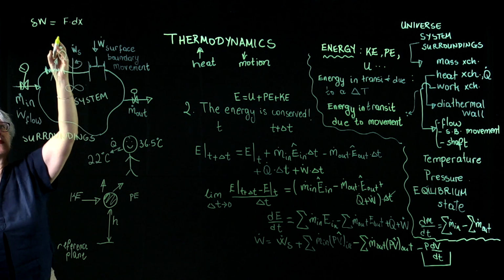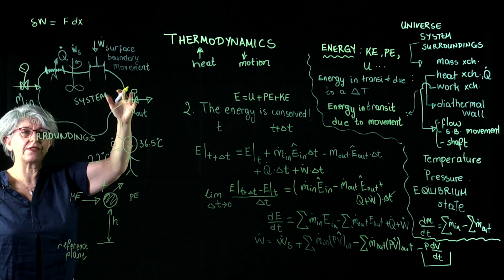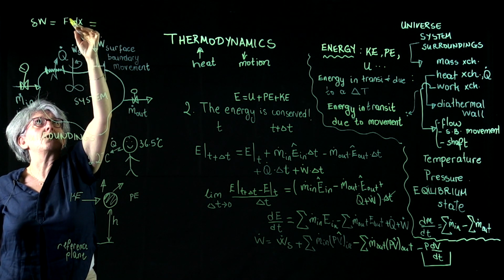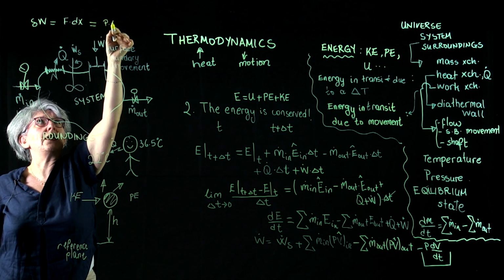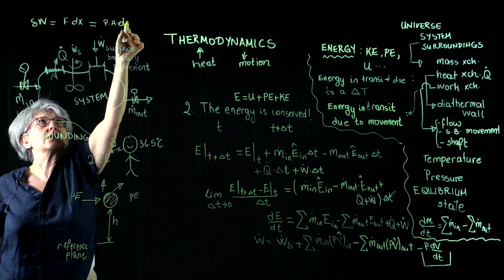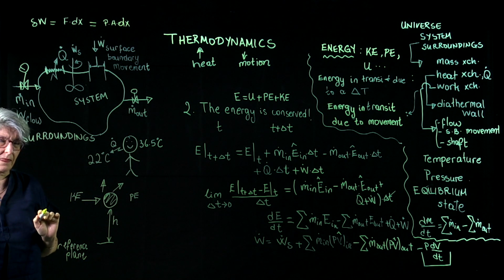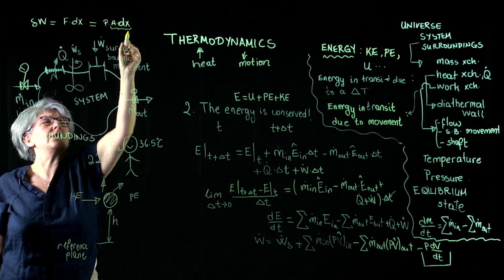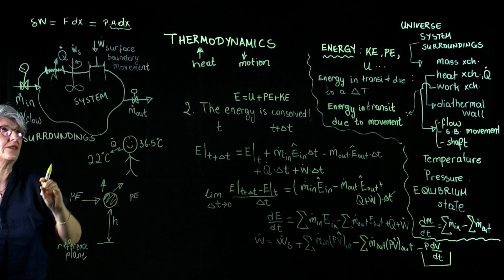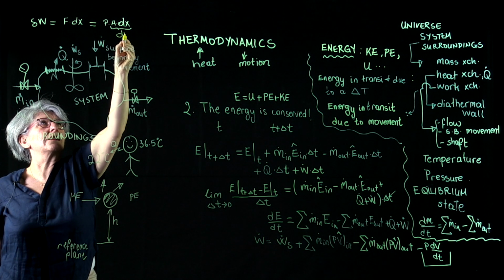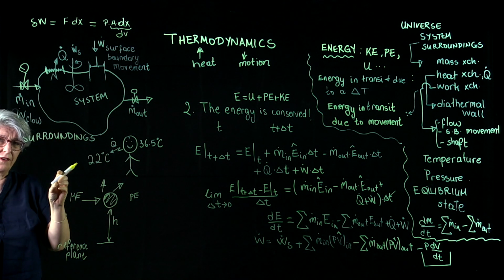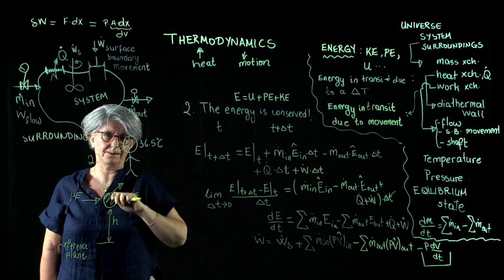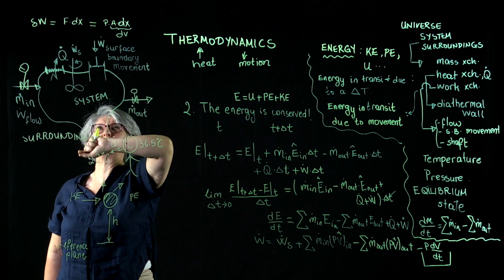What is pressure? Pressure is force per unit area. So work is pressure times the area times the displacement. Now, area times the displacement for a perfect cylindrical geometry is the volume. And I'm using the differential form to indicate that this is the differential movement.